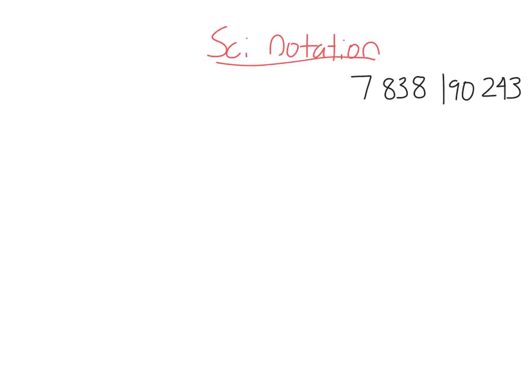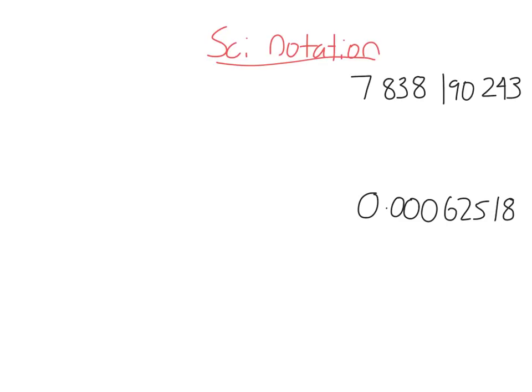So the idea behind scientific notation is that you could just remember a number like this is about 7.8 billion, and that's close enough. So we use scientific notation for really large numbers or really small numbers like this.